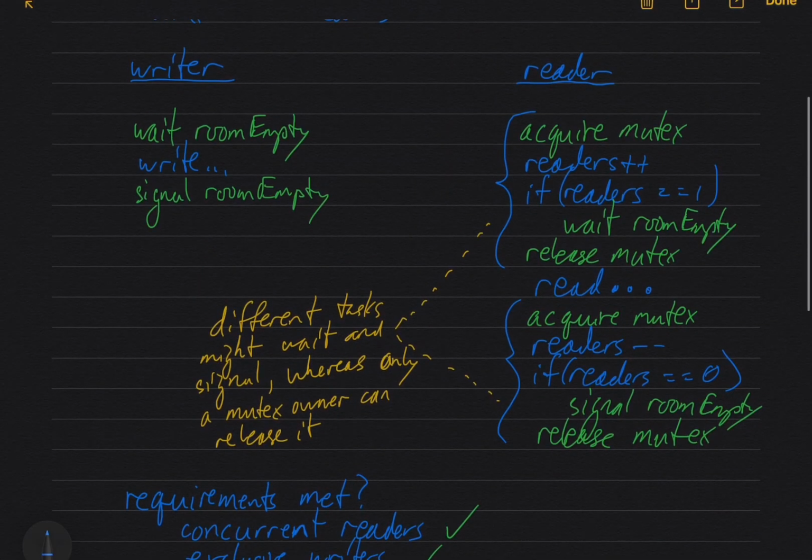So up here they will wait the turnstile, signal the turnstile. The writer will wait this turnstile, but it's going to be a little slower about signaling it, which is going to make the readers pile up on the turnstile. So see problem set 5 for that one.